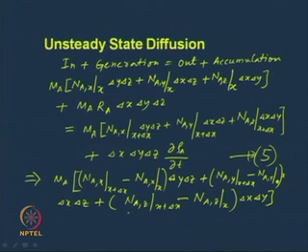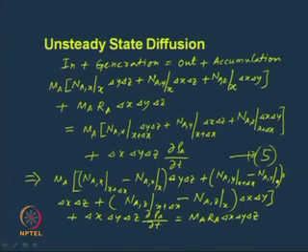So, this is the first term, and then we can write plus delta x delta y delta z del rho A del t is equal to M A R A delta x delta y delta z. So, this is equation number 6.